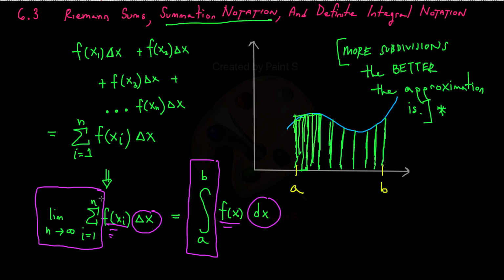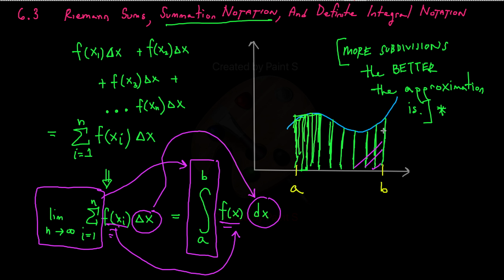So this becomes the f of x, and the delta x becomes the dx. And this is your definite integral, and it represents the area underneath the curve from a to b. It's exact, because the limit as n goes to infinity is going to be infinitely precise. It's going to fit the curve perfectly.